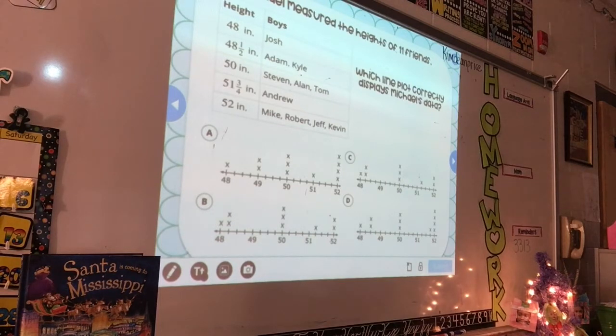So you're trying to find which line plot correctly displays Michael's data. So he's got one boy that is 48 inches tall, correct? He's got 2 boys that are 48 and a half. He's got 3 boys that are 50. He's got 1 boy that's 51 and 3/4, and he's got 4 boys that are 52.